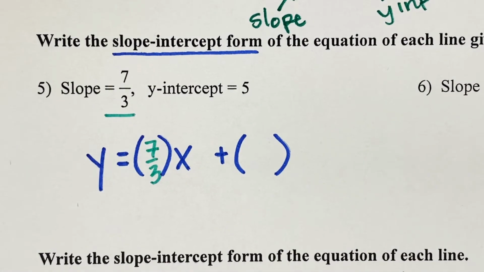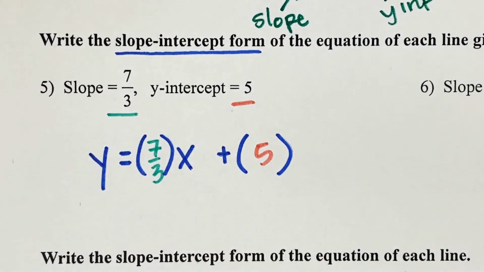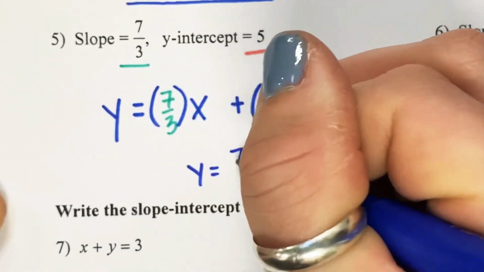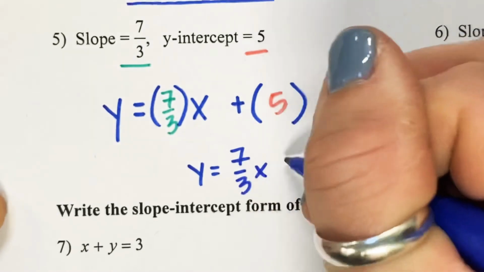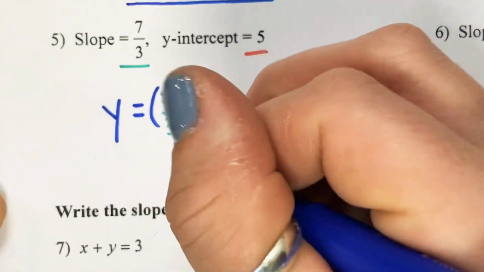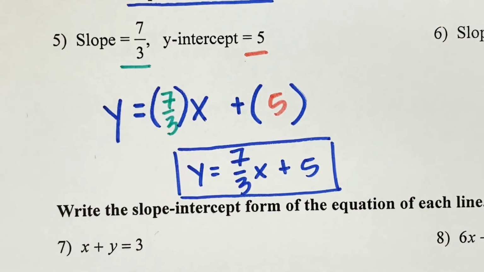Okay, so we filled in our slope, and what is our y-intercept? 5. Okay, so if you wanted to rewrite this, make it look a little prettier, we could rewrite it as y equals 7/3x plus 5. Basically just took away the parentheses. Okay, and that is our final linear equation in slope-intercept form.